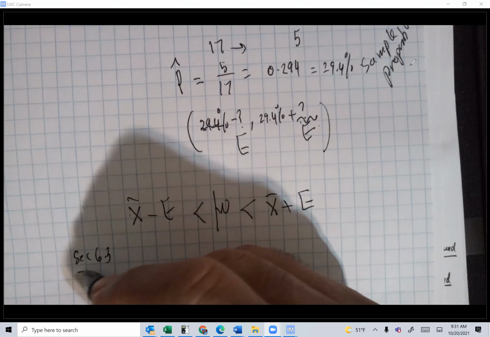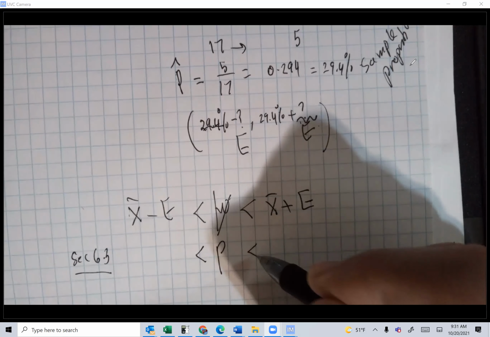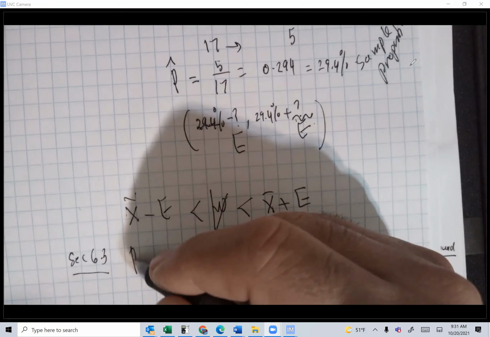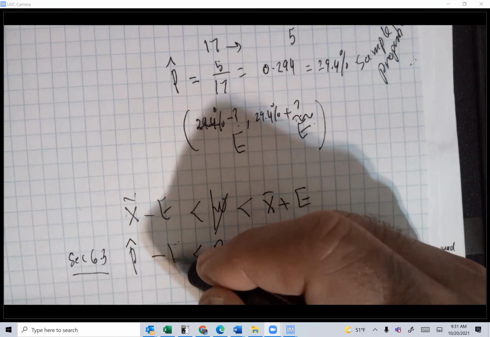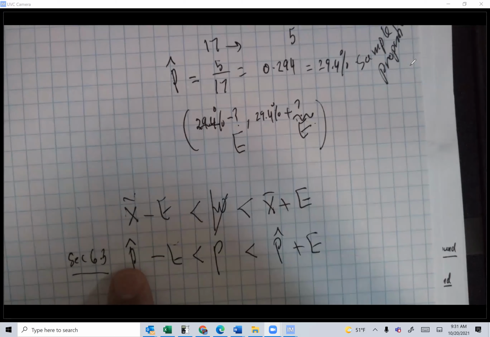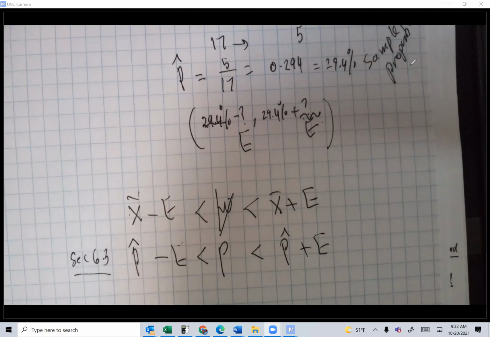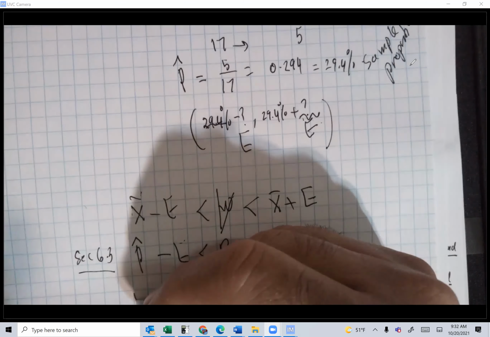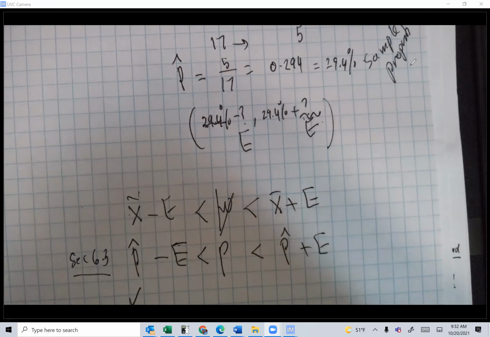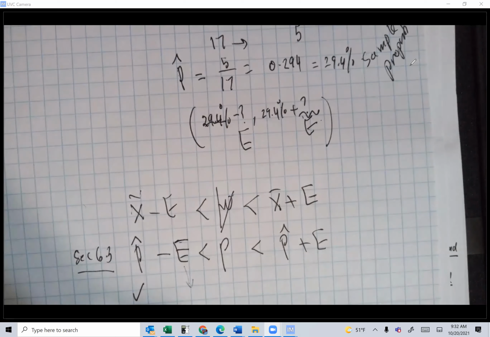We're doing proportion, so this is going to change to p, and this is going to change to p-hat minus E and p-hat plus E. P-hat, guys, you will be given. It's in the sample. He will give you p-hat to begin with, so we know that already. All I need to show you, guys, is how to find E, just like we did in the previous sections. Now, what was the formula for E in the previous sections? It was this.